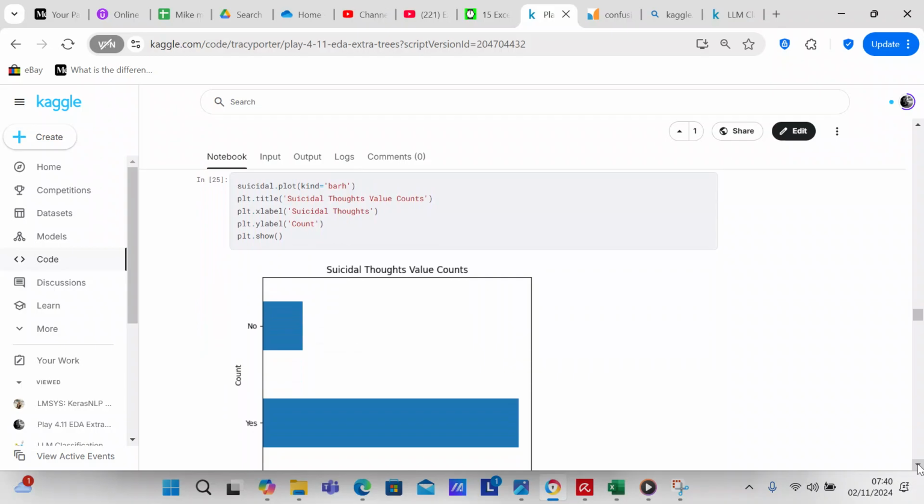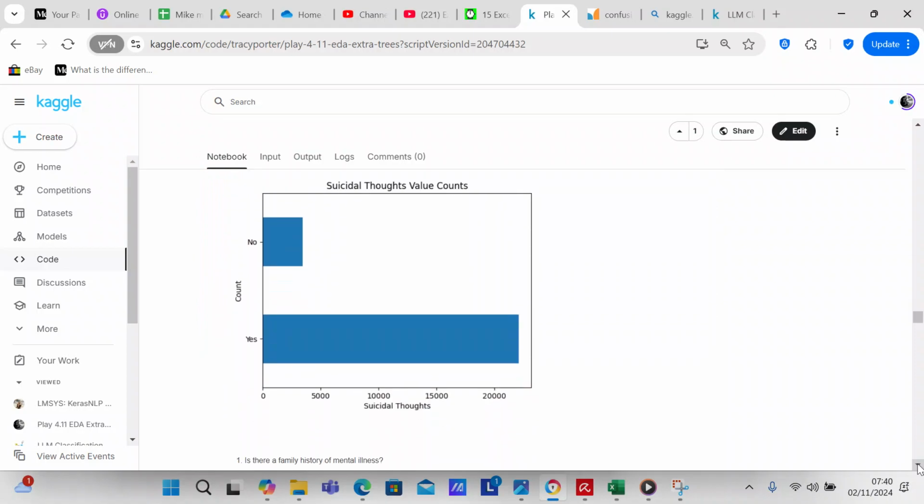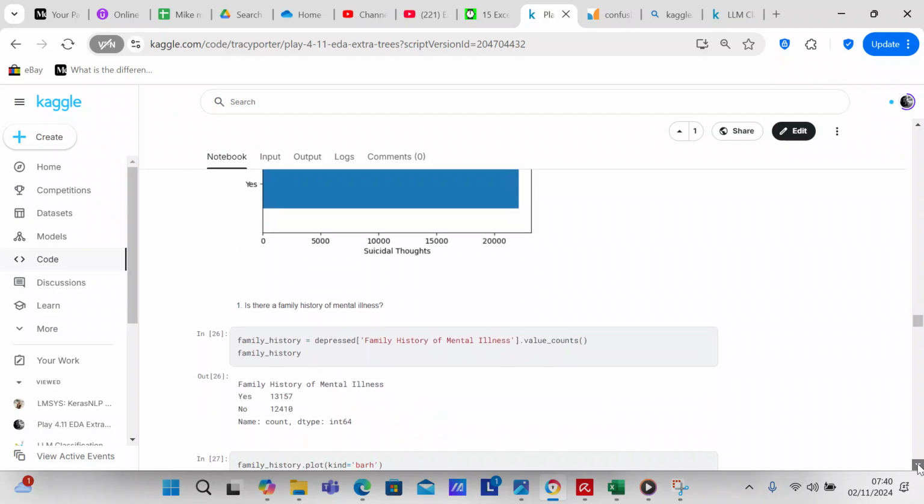So that's interesting. That's something you need to be aware of, that people who are depressed are also quite likely to have suicidal thoughts. And only a small amount of people who are depressed don't have suicidal thoughts.